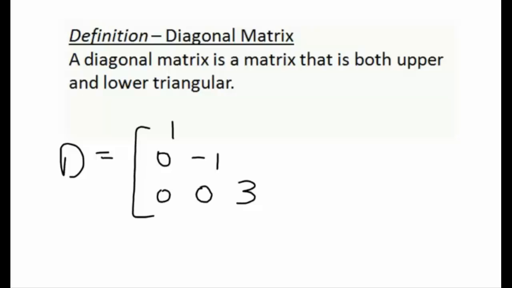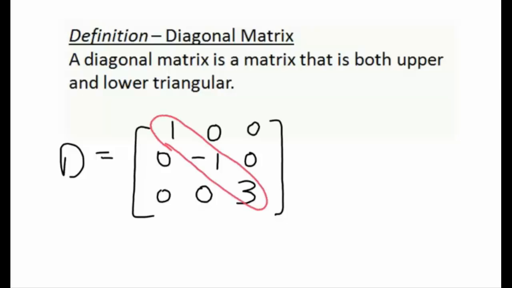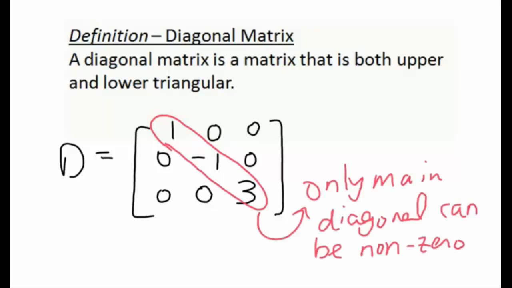I put my triangle of zeros at the bottom so that this is upper triangular, and we put a triangle of zeros at the top so it's also lower triangular. What do you notice? The only numbers that are allowed to be non-zero values are on the main diagonal. Even if there is a 0 on the main diagonal, that's okay because it will still be both upper and lower triangular. But the key here is that all of the values off of the main diagonal have to be 0.